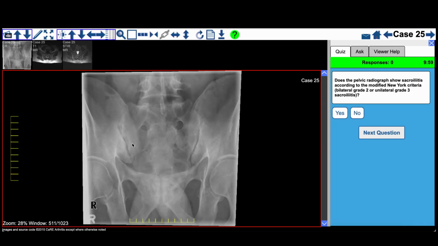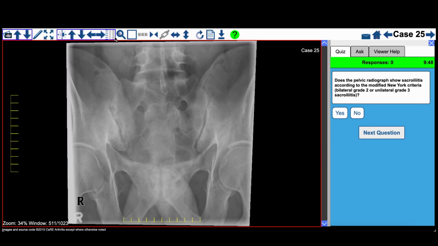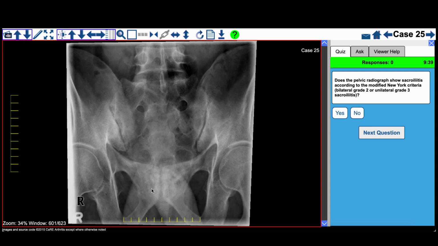metaplasia. We're now going to look at the scan of a patient who actually is a police officer. He's 35 years old, and he is a police officer who was actually doing some work at home. And he fell off his ladder several years ago, but has had persistent back pain.